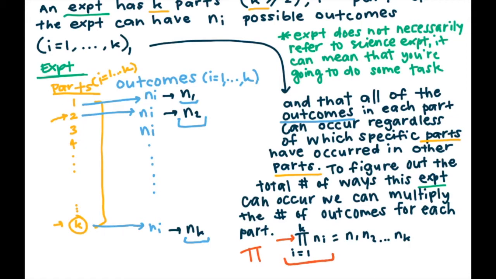So you're multiplying the n_i's from i equals 1 all the way to k. So when I expand this left side right here, you can see that on the right side, what we're doing is multiplying all the outcomes. So we're multiplying n1 times n2 times n3 times n4 all the way until we get to nk.